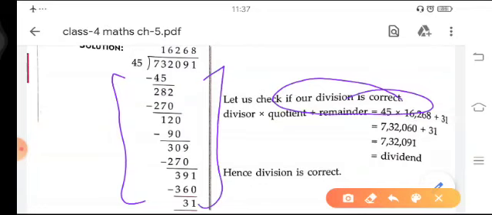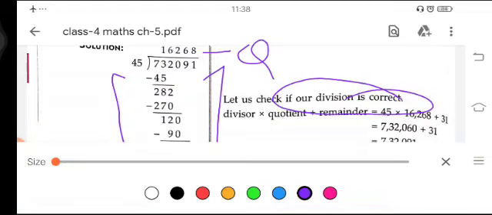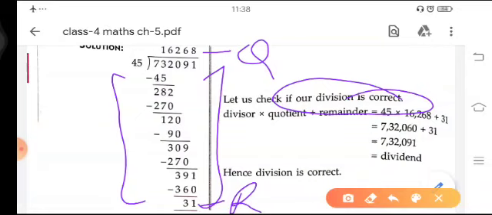First thing you have to know is that at last what we are getting is a remainder. As I told you, the number you get after the division is known as a quotient. Now there are 2 digits remaining, right? First this one and this one. So 45, the number by which we are dividing, is known as a divisor.